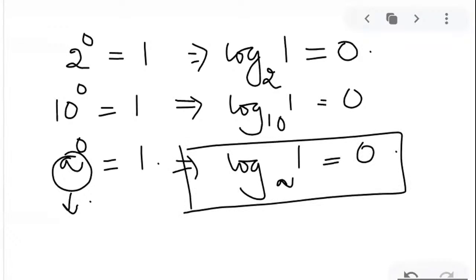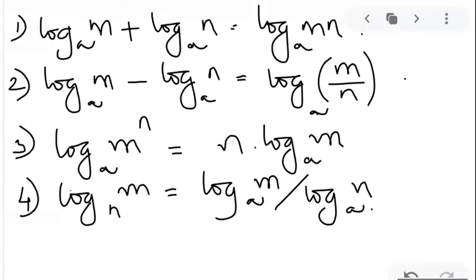So when you have log 1, it automatically is equal to 0. All right? Yes, ma'am. Log 1 to the base a is always equal to 0.